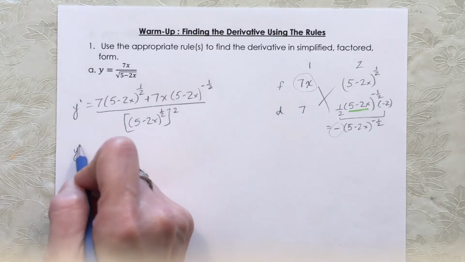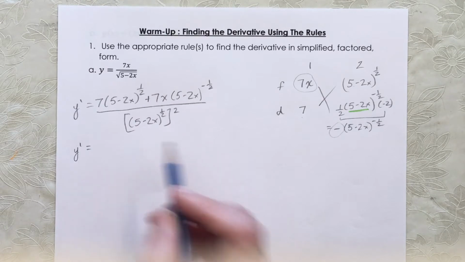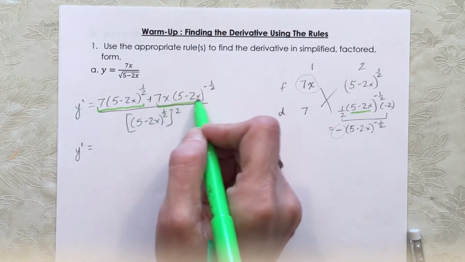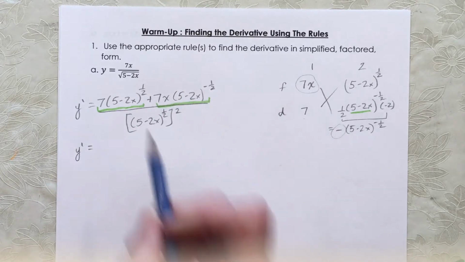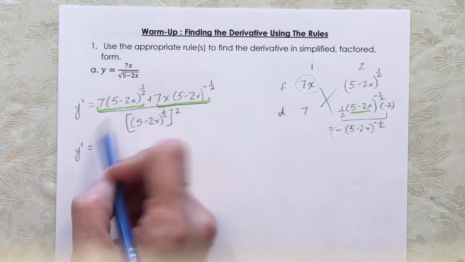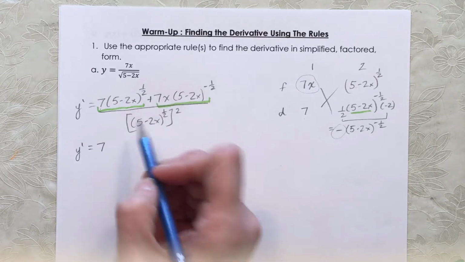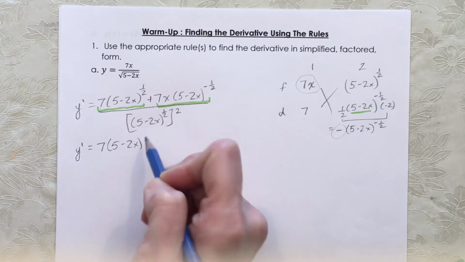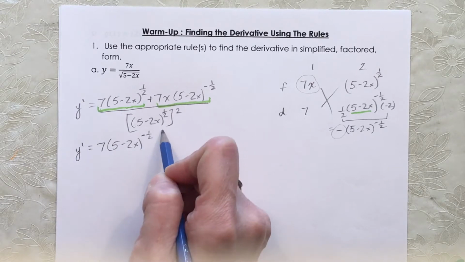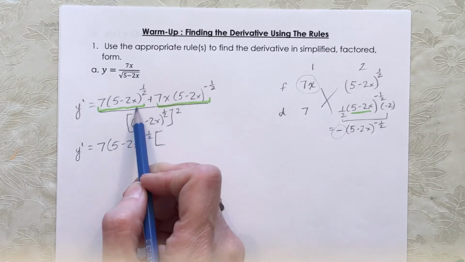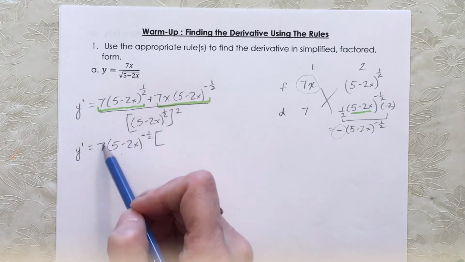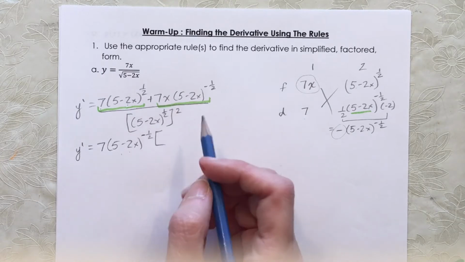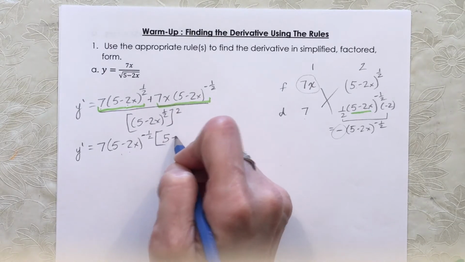Then we have to put it in simplified factored form, so we want to look at the two chunks on the top and find the greatest common factor. So I'm comparing 7 and 7x, 7's the common factor, and then the (5 minus 2x) to the -1/2, and then divide each green chunk by the greatest common factor. 7 divided by 7 is 1. (5 minus 2x) to the 1/2 divided by (5 minus 2x) to the -1/2 is just 5 minus 2x.